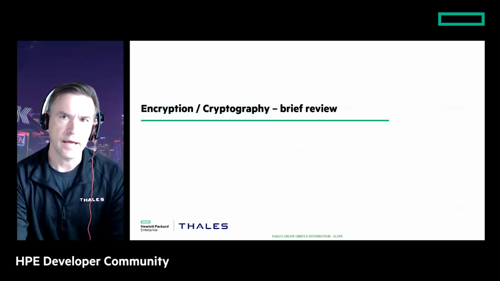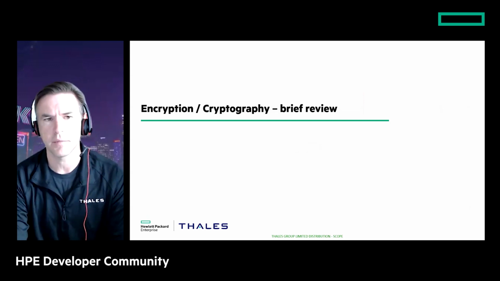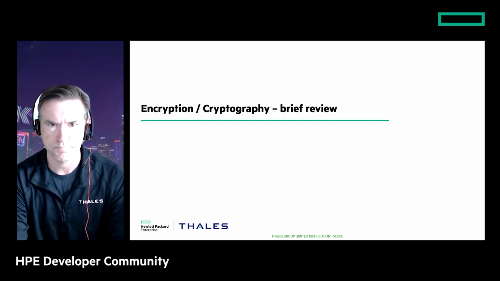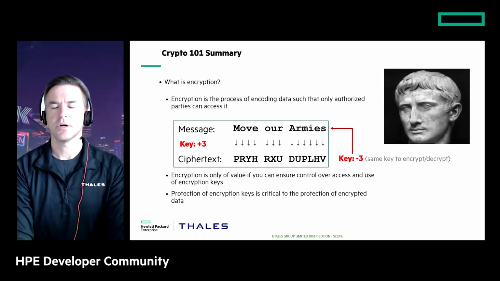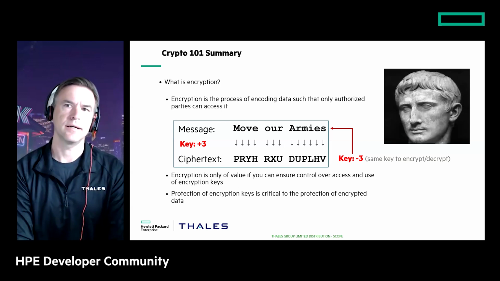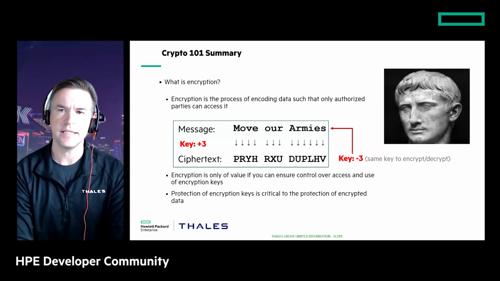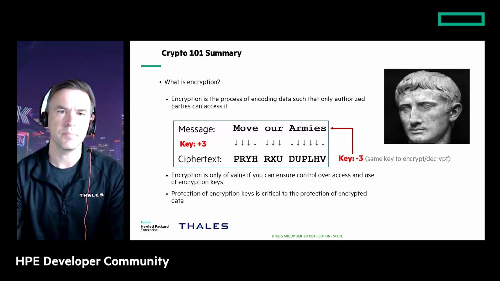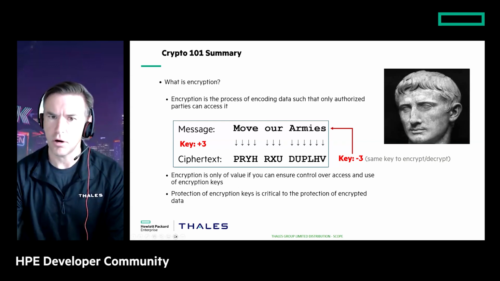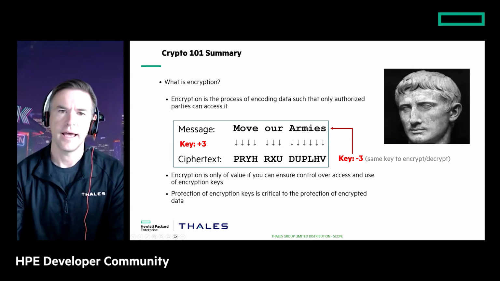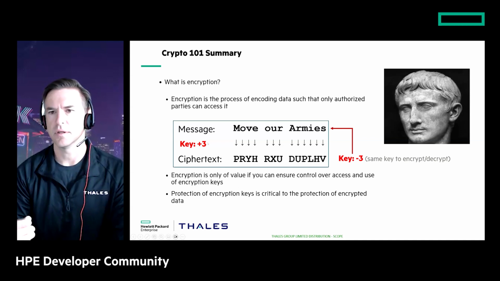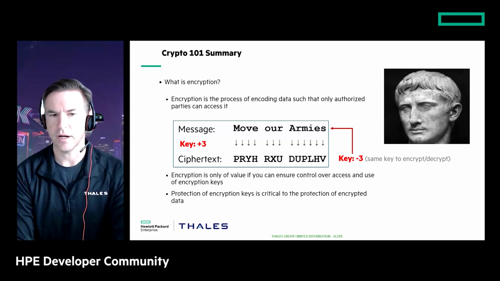So to understand what we're going to be talking about, we have to do a quick introduction and overview of encryption. This is a very classic encryption example. It's called the Caesar algorithm. It's super simple. Of course, it's not used today, but you have a message, "move our armies," in clear text, and you apply a key that will move those characters by 3 characters.